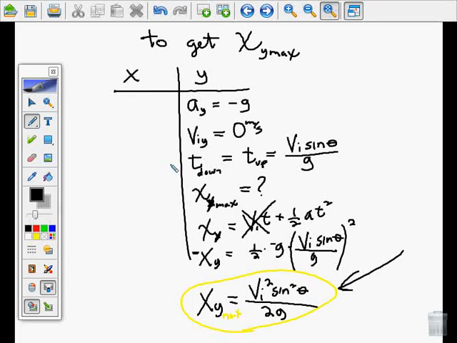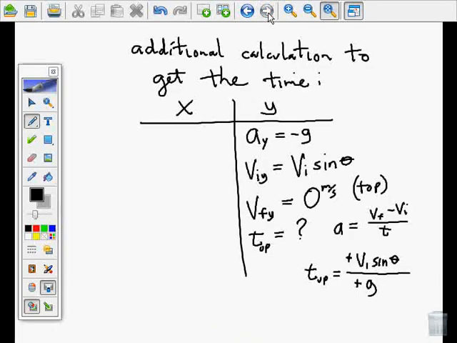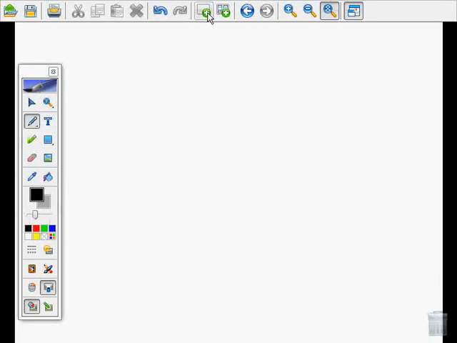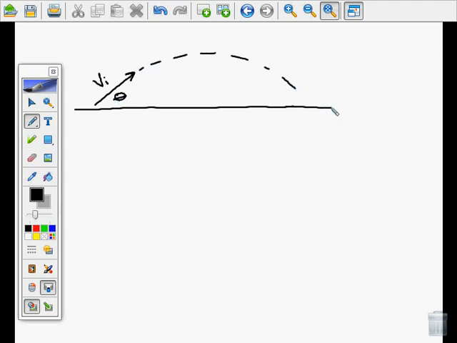All right, so some facts you need to know about these type problems. When theta equals 45 degrees, the object goes the farthest.